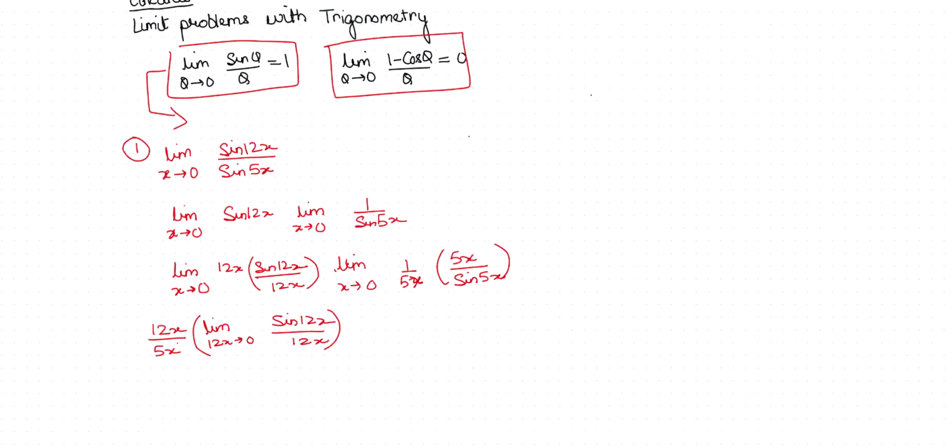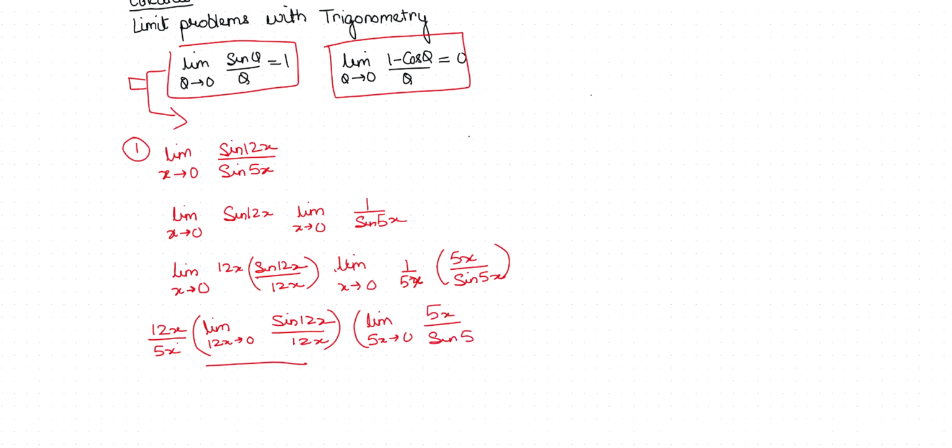So we can see that this is the same as this fact. x tends to 0 means 12x also tends to 0, and this is the limit. If x tends to 0, 5x also tends to 0. So this will be 5x over sine 5x.